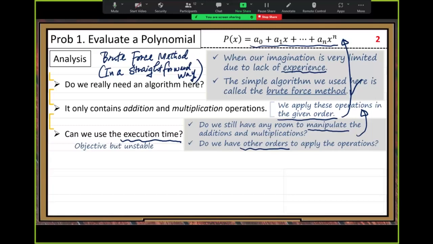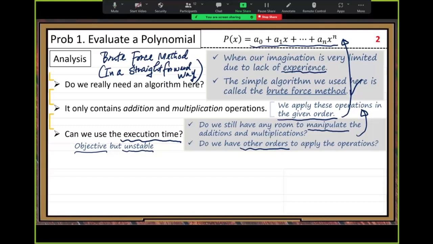First, this way is objective, right? Execution time, it's objective. It's a number, clock. We look at the clock, okay? It's objective, but it's unstable.